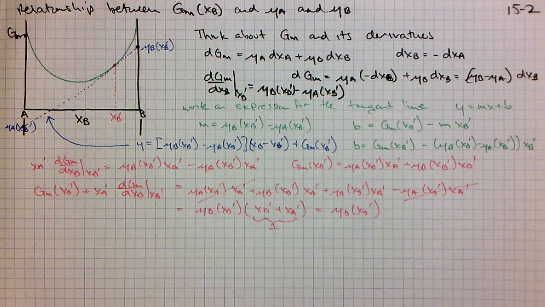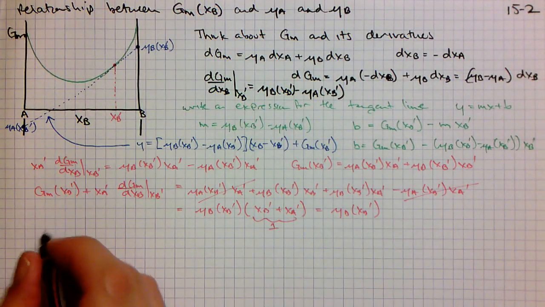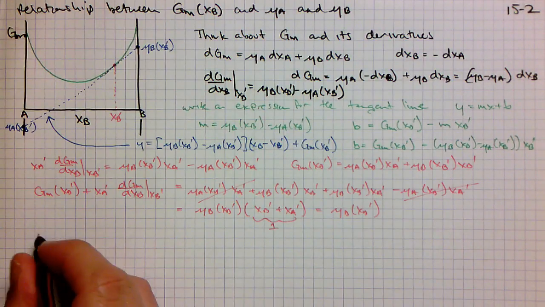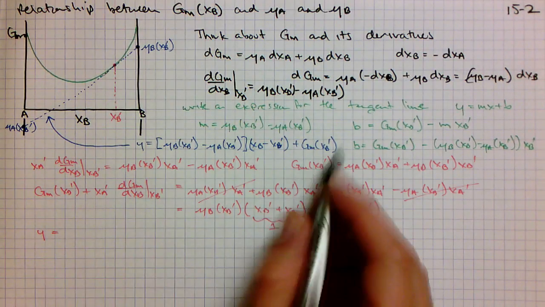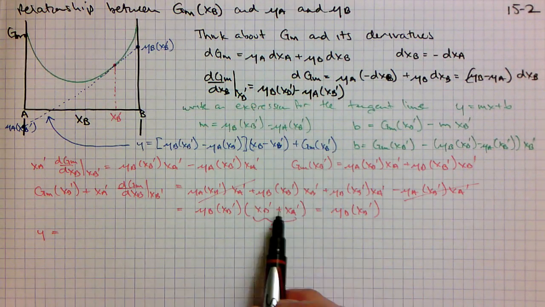So we can just continue this line of reasoning. Now our expression for y of our line is, so now we're going to use our expression for gm.